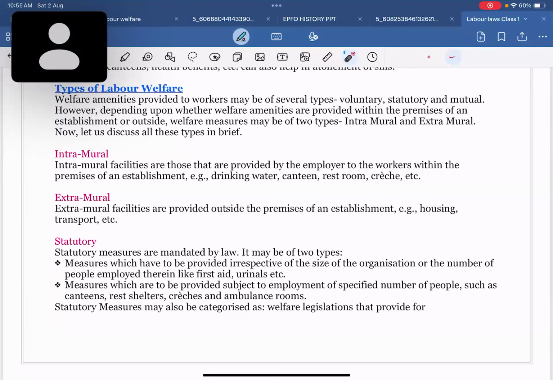And then again write extramural, and then write outside the premises of an establishment, like housing, transport, etc. Right? This kind of thing you can make as short notes of your own.